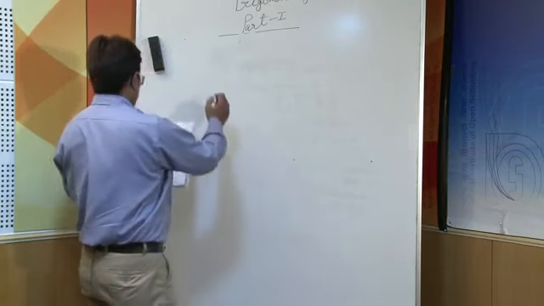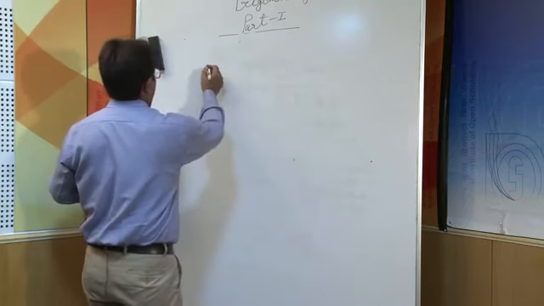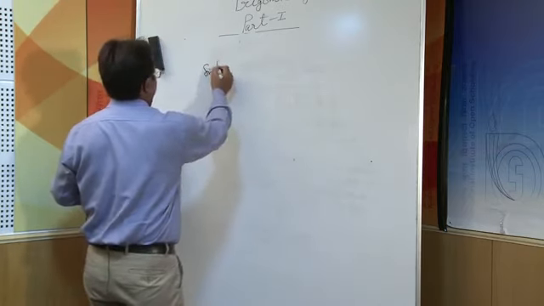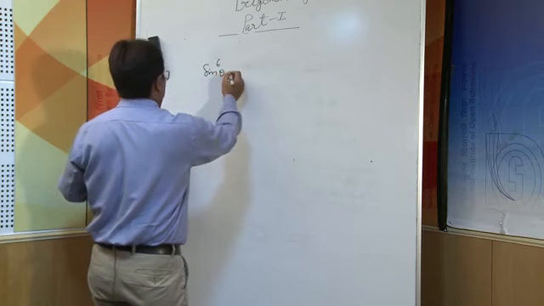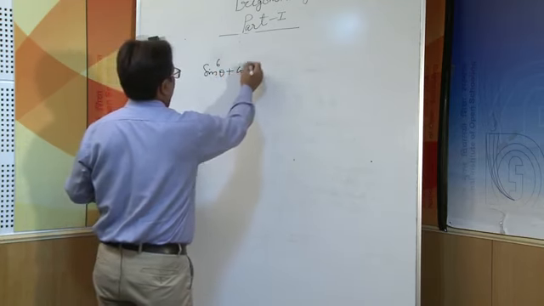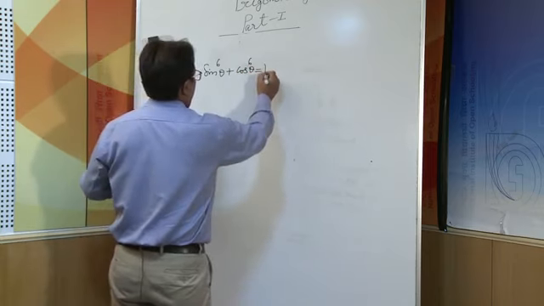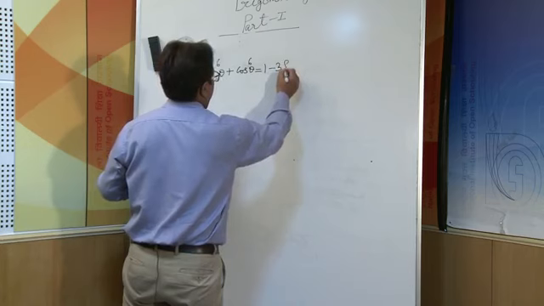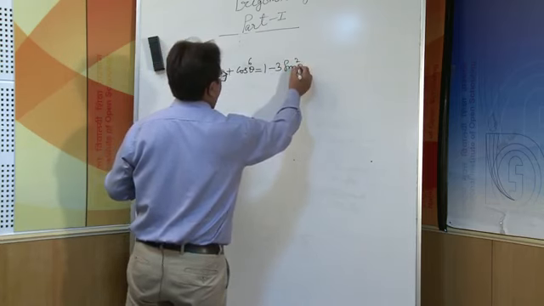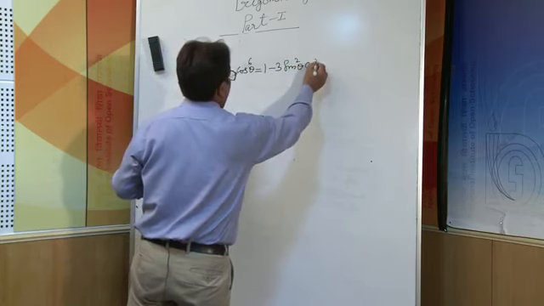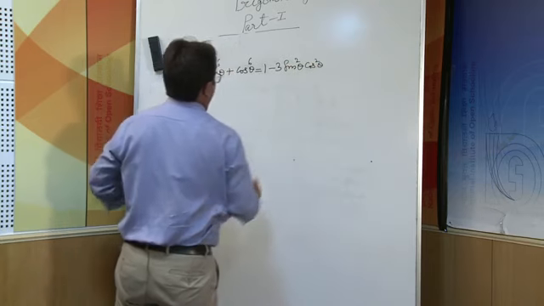The problem is, prove that sin raised to power 6 theta plus cos raised to power 6 theta equal to 1 minus 3 sin square theta cos square theta.